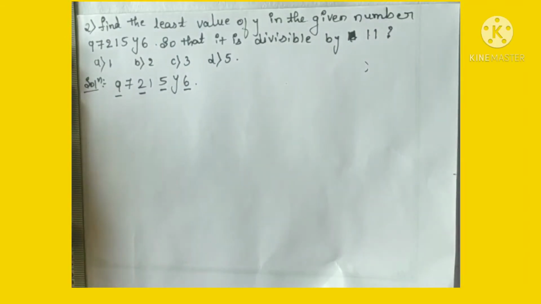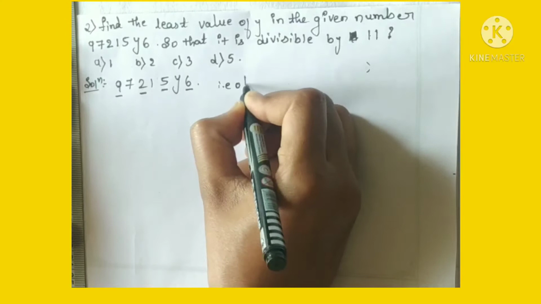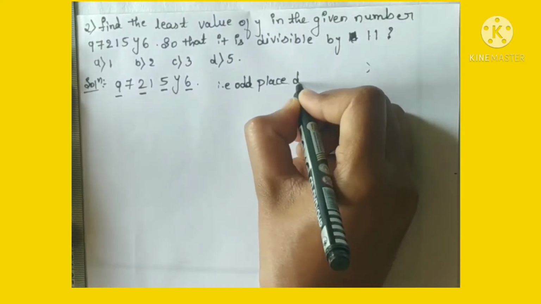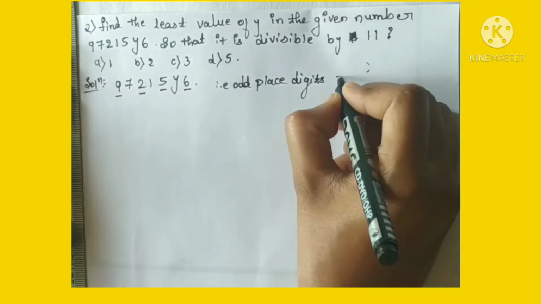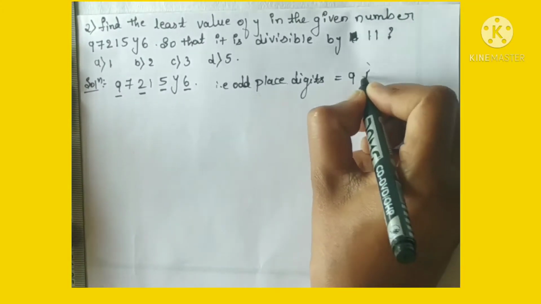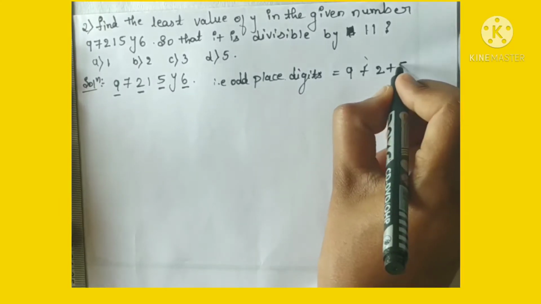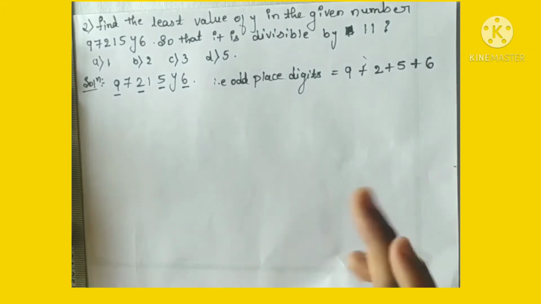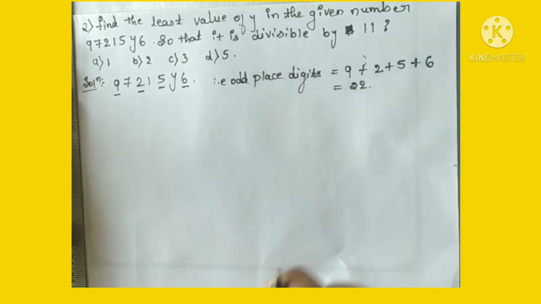Now I consider the sum of the odd place digits, which is 9 plus 2 plus 5 plus 6. I add up these numbers, which is equal to 22.